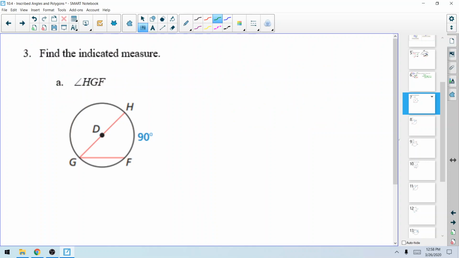Number 3, find the indicated measure, angle HGF. Okay, HGF. Intercepted arc, 90, which means cut it in half, 45.